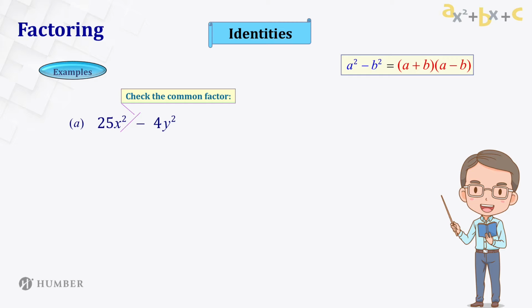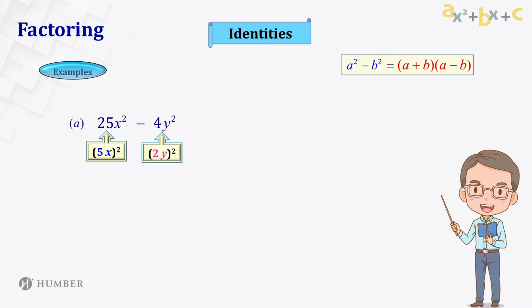The first term, 25x squared, is 5x squared, and the second is 2y squared. Now, let's write 2 sets of brackets to have a factored form.